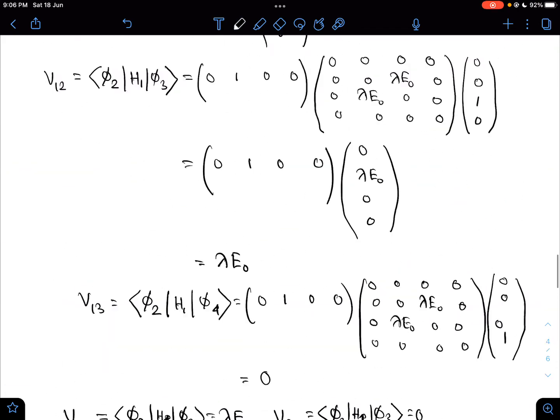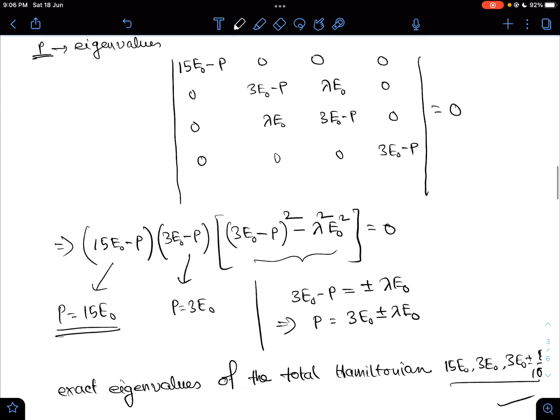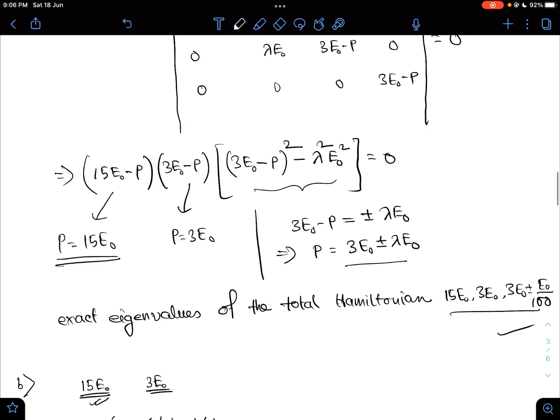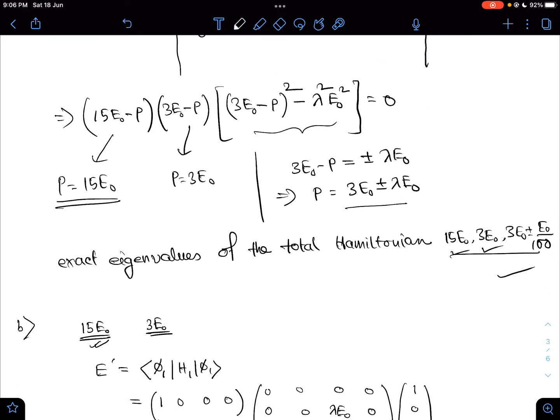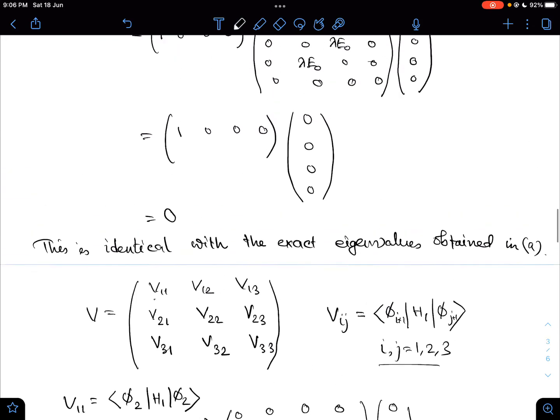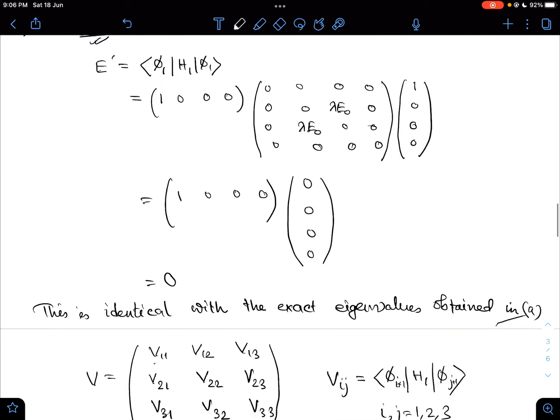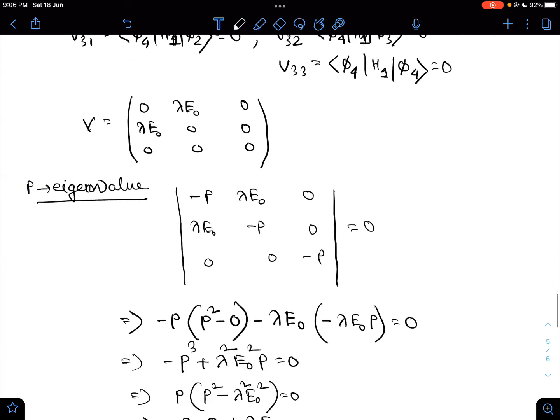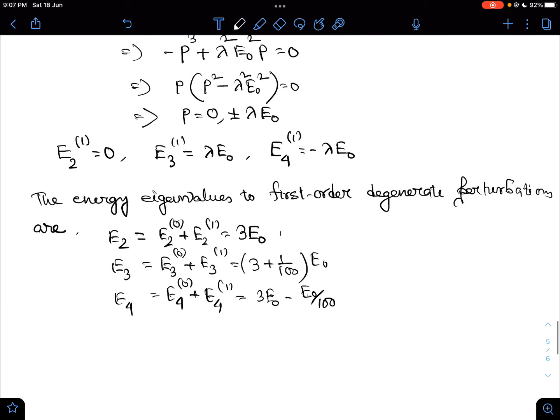If we observe carefully, from here also we got these values, 15E0, 3E0, and 3E0 plus minus 100. Here we are also getting 15E0, one is 3E0 and another one is 3 plus minus 100 by E0.